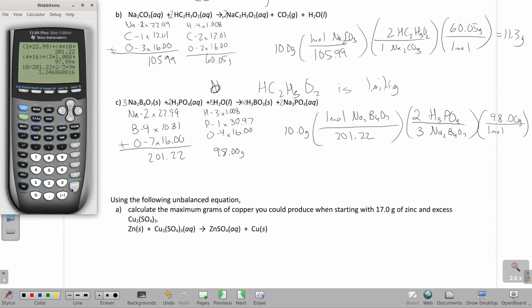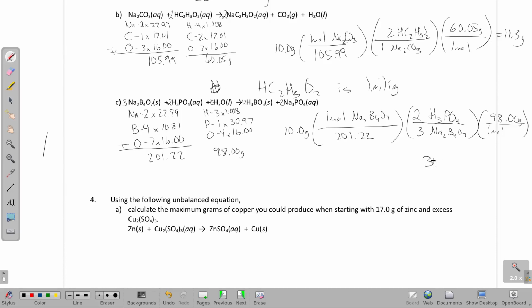To use up all 10 grams, I would only need 3 grams. So 3.46, 3.24 grams of this was H3PO4, and we have 10 grams of it. So our limiting reagent is that original 10 grams. The Na2B4O7 is limiting.